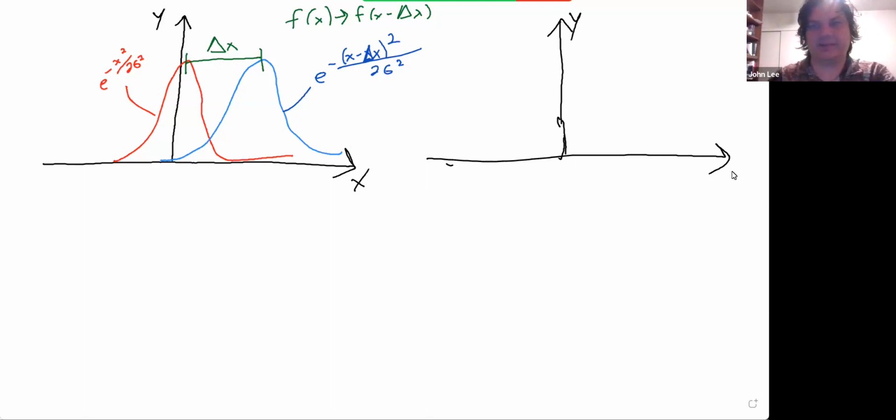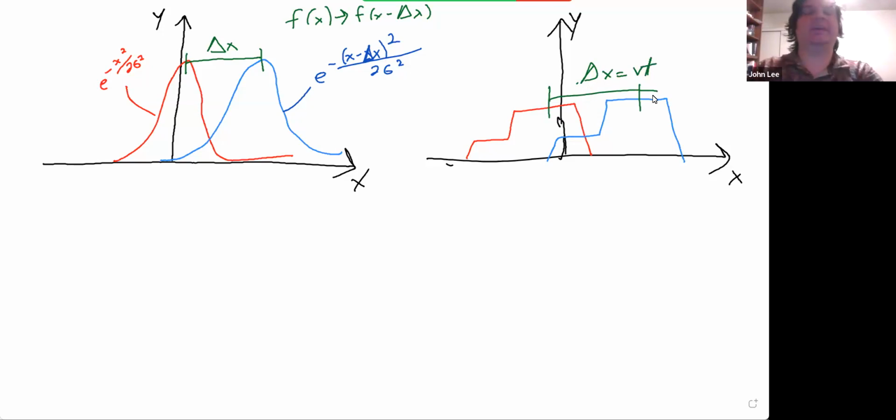If you have some pattern like this, then as it moves from side to side, it keeps the same pattern, but with a distance between them of delta x equals vt, where v is the velocity of the wave and t is the time that has passed.